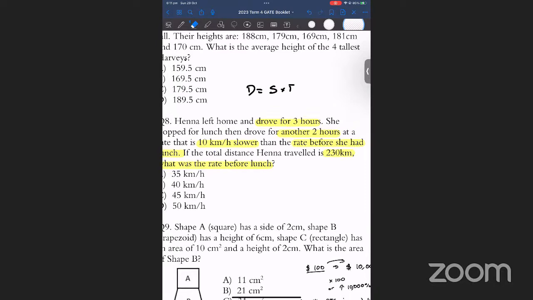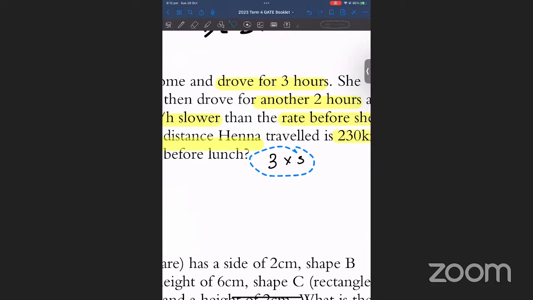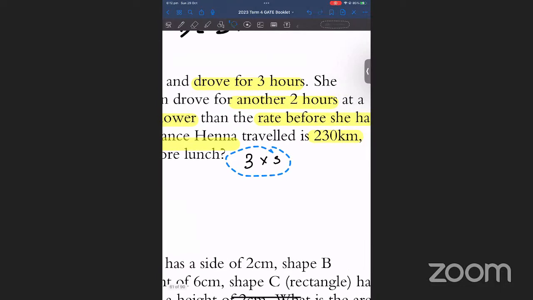Okay. So in this question, would you guys agree that the distance they traveled before lunch is 3 multiplied by the speed they traveled before lunch? All I said was that the distance they traveled before lunch is the time it took, which is 3 hours, multiplied by the speed they traveled at.